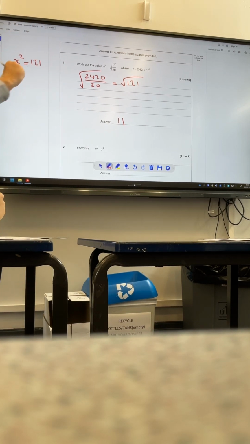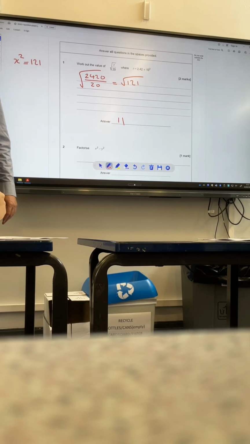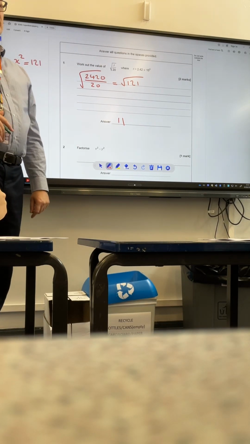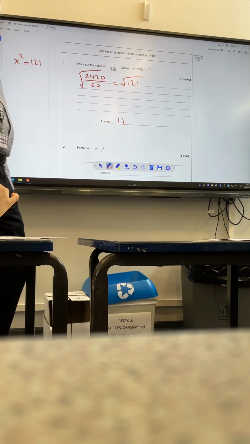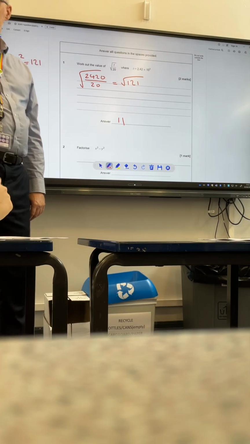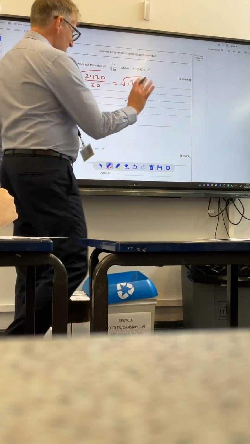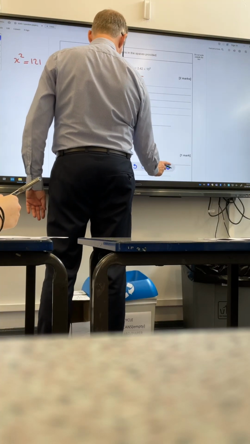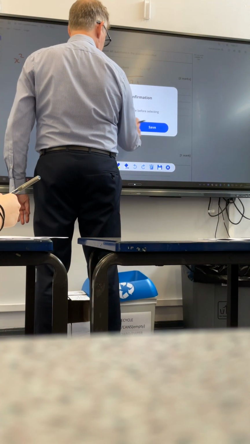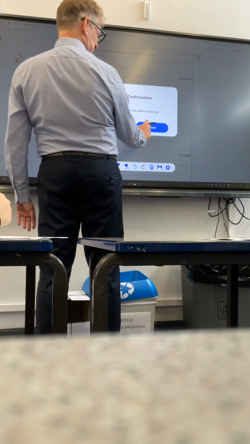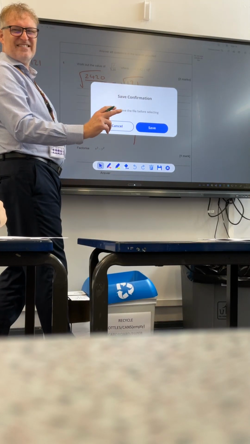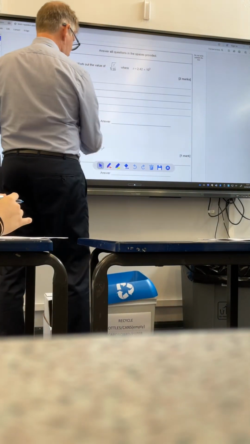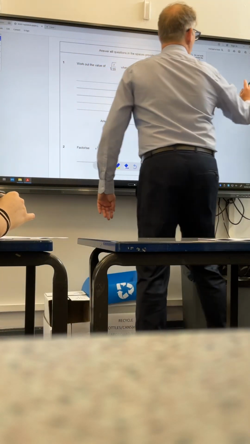If it's just a square root symbol, you just want the positive, unless there's a plus or minus in front. So, there's your first one. That was easy. Okay, moving on.